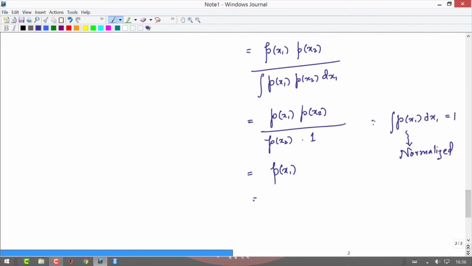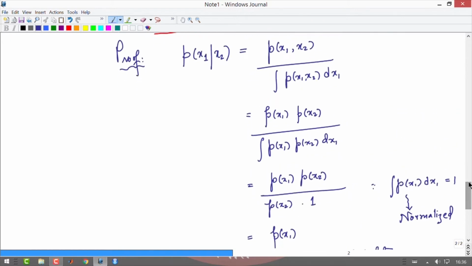So this is the unconditional probability, and the left hand side is basically a conditional probability.